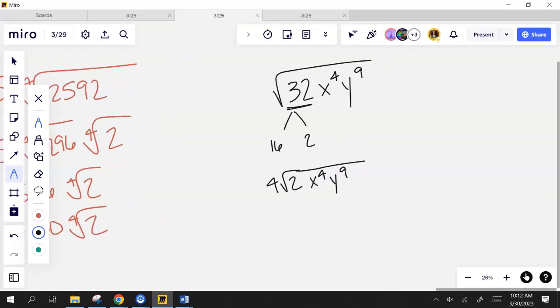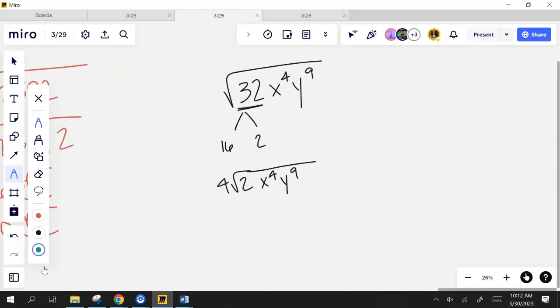So here's what we do. This is where it gets a little confusing. This is the easiest way I know to tell you to do it. This is the way my brain works. Divide the exponents by the root. This is for variables, by the way.